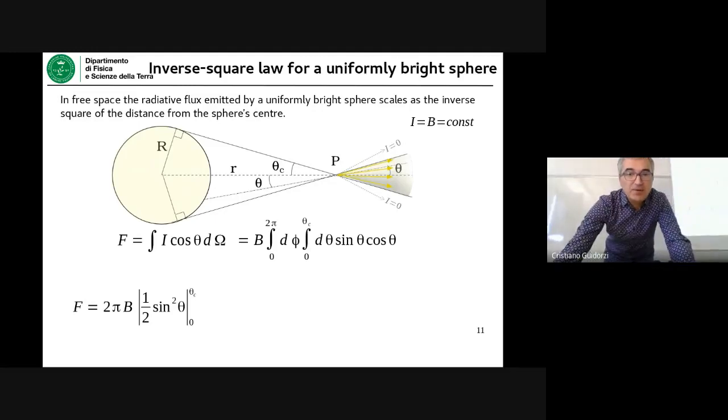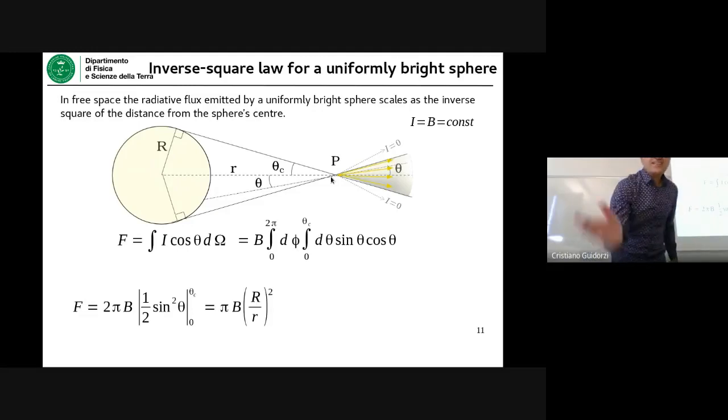Sine theta c, by definition, let's consider this triangle, P, the center of the object, and this point. In this triangle, sine of theta c is just this guy, capital R, over this guy, small r. So sine theta c is just capital R over r.